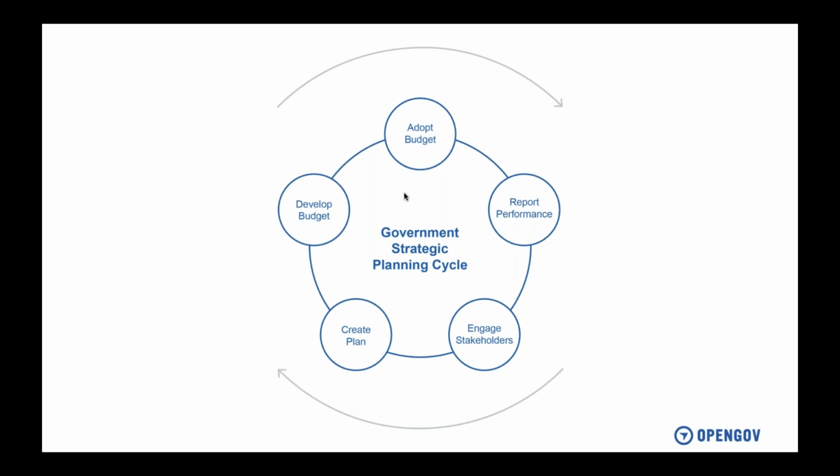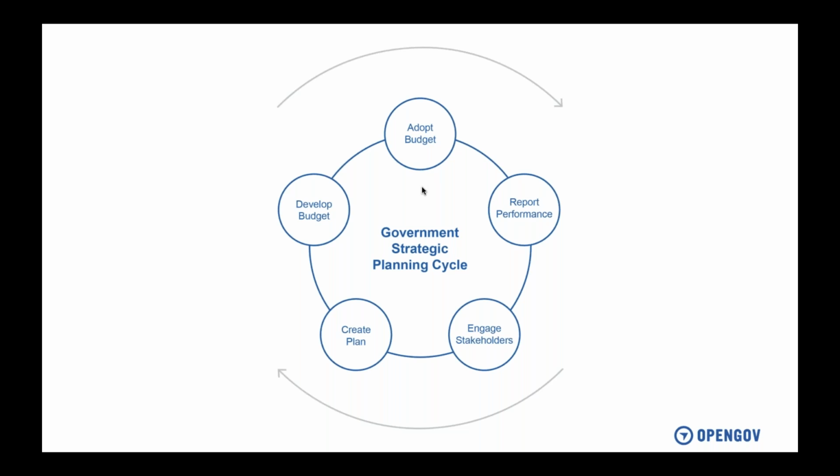For example, at the beginning of a year, when you are creating your plan to decide what your priorities and spending are going to be for the coming year, it's very powerful to engage your stakeholders ahead of time to make sure that your community, that your volunteers, that your city staff are understanding the key challenges and goals that are facing your government. And then as that plan is solidified, it then comes time to develop your budget and to make those tough spending decisions with the limited resources that you have so that you can get the most effective outcomes.